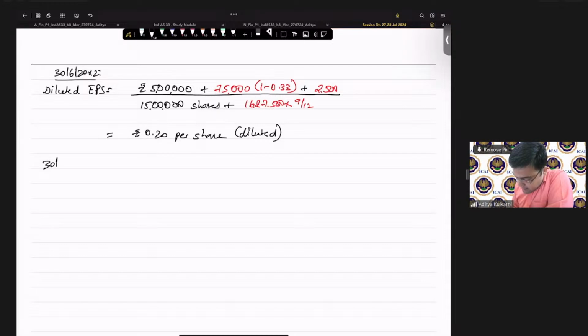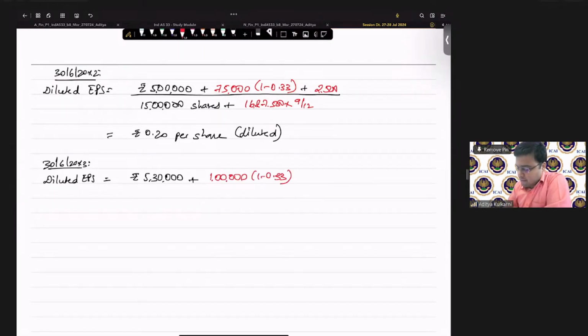Coming to 30th June 20x3. Diluted EPS is equal to rupees 5,30,000 plus 1 lakh was my interest for the next year into 1 minus 0.33 plus 2,650 is your second year's movement in the option value.